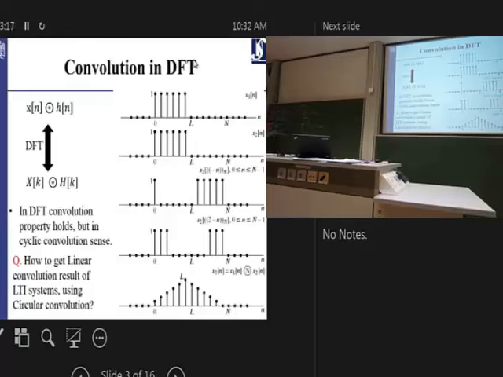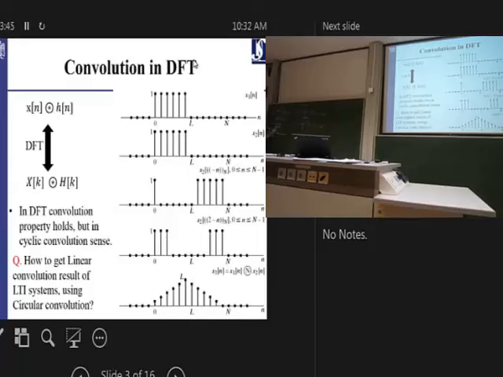If we start to have a movement, for example with tau, then we have signals something like this, and this part will have overlapping with this part. So we take the overlapping of this. That's the convolution.